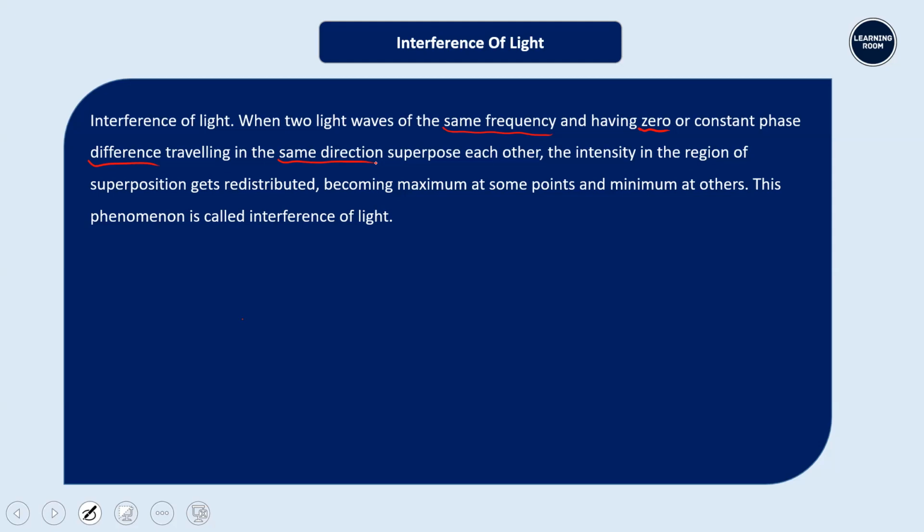So the intensity gets redistributed, becoming maximum at some points and minimum at others. Why do we call this a phenomenon? Because you see it. Something which you can see is called a phenomenon. So this kind of phenomenon is called interference of light. Am I clear with this? So first make a note of this statement.